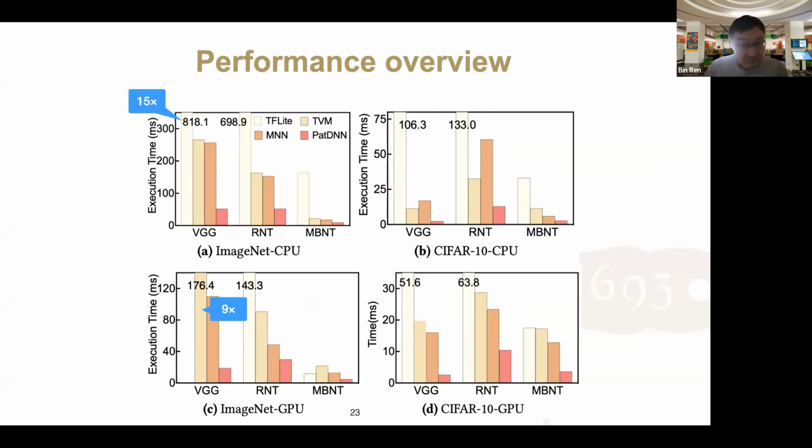Actually, this result was tested in 2020, a few years ago, when we did this project, and nowadays I believe TensorFlow-Lite, MNN, and TVM have improved their performance. However, there is still an obvious and significant gap between our performance and TensorFlow-Lite, TVM, and MNN. We can see PyDNN is still faster than all of these frameworks.